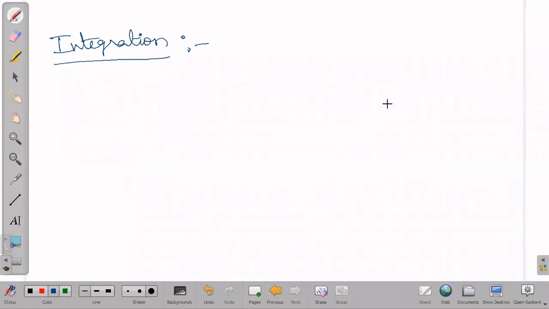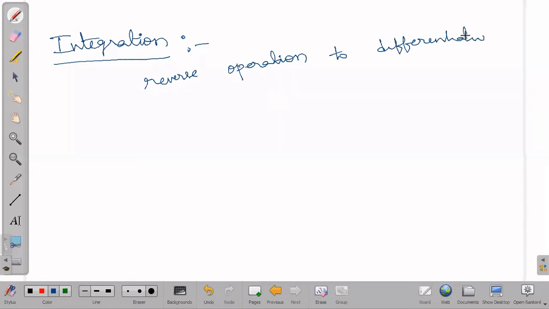So integration is a reverse operation to differentiation. In short, only I am telling, right?